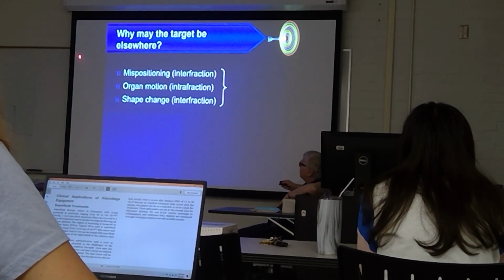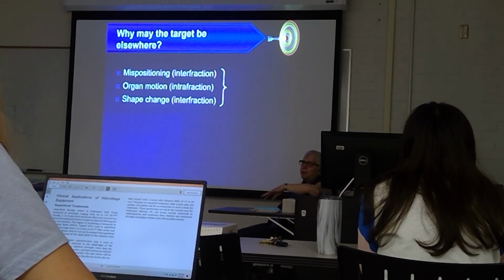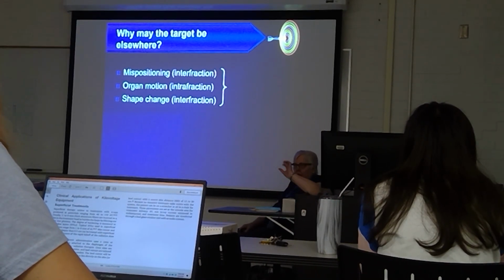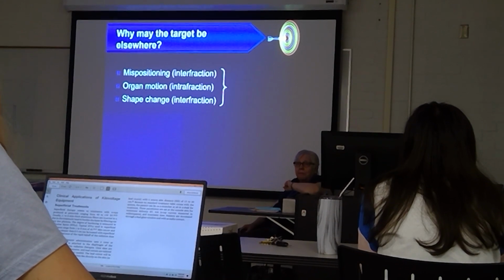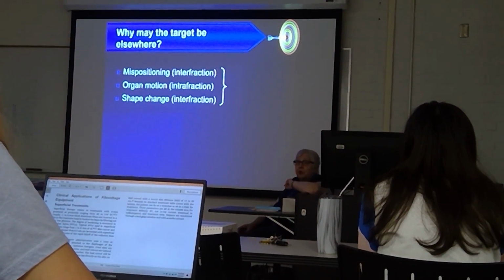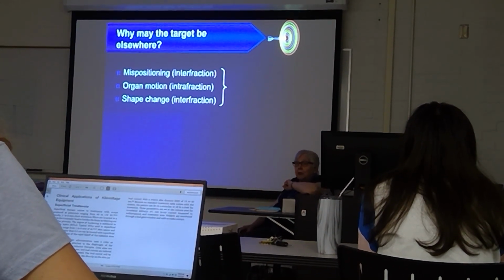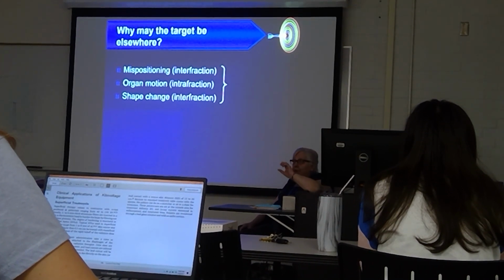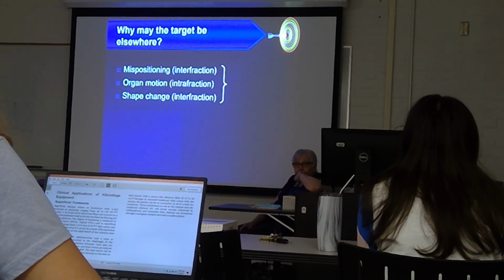Organ motion. Just because you do a cone beam CT right at the beginning of treatment doesn't mean the prostate says, okay, I'm here, I'm going to stay here. No, it moves a little bit while you're actually treating them.